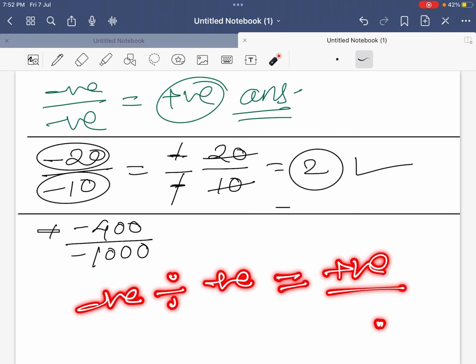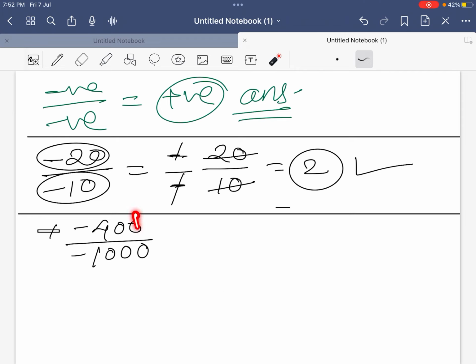Clear? So negative into negative, you will get a positive answer. Let's see how. This 0 will cancel with 0, this 0 will cancel with this 0, so the 0s will cancel with each other, even this minus will cancel with this minus, so the remaining term is 4 upon 10.